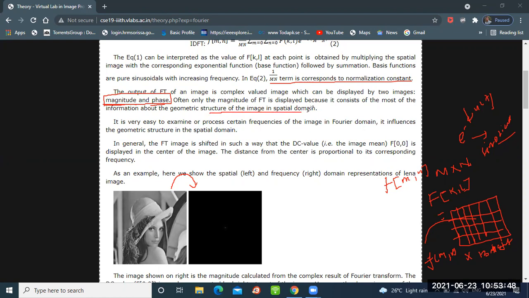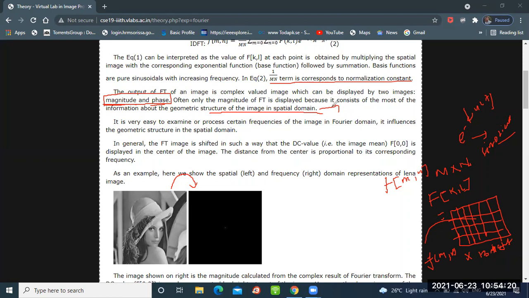So what happens in most of the cases? In most of the cases you will find only one image, and that basically represents the magnitude of FT, which consists of most of the information, because the magnitude is the main part of FFT, which consists of most of the information about the geometrical structure of an image in the spatial domain.